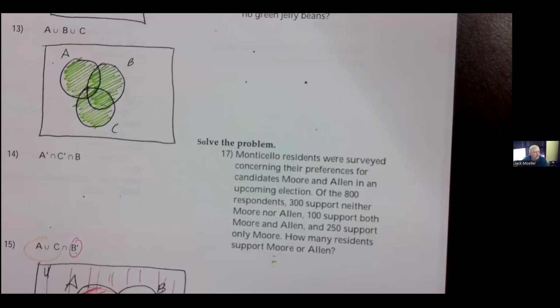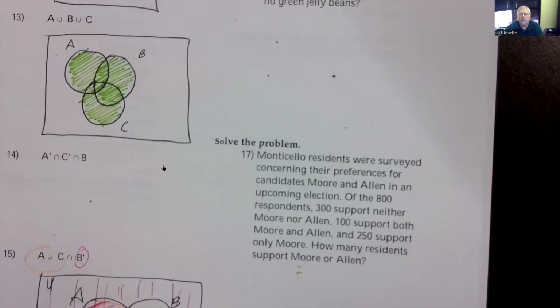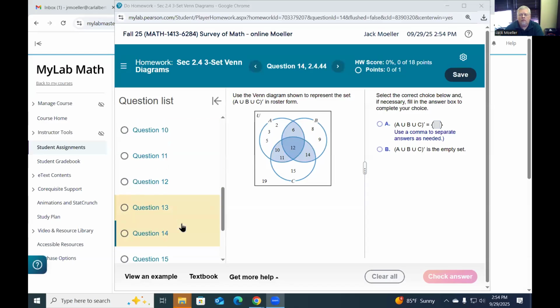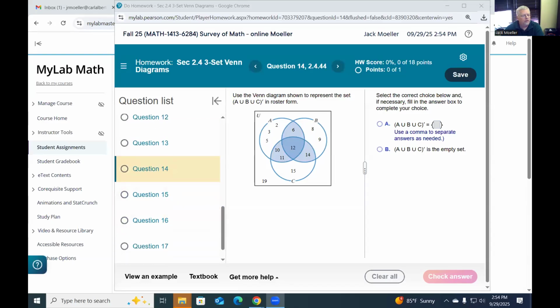All right, let me here. Now, I was just randomly picking one, and so I jumped to number 14. This is one of the messy ones because if you notice, it is A union B union C, complement. Well, actually, that comes out really nice. We did the union of all three.